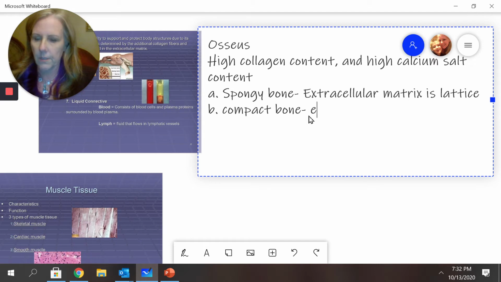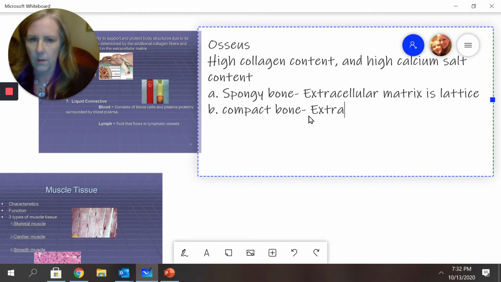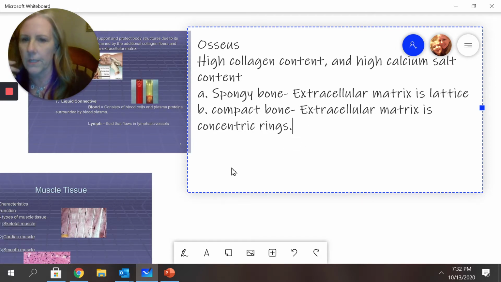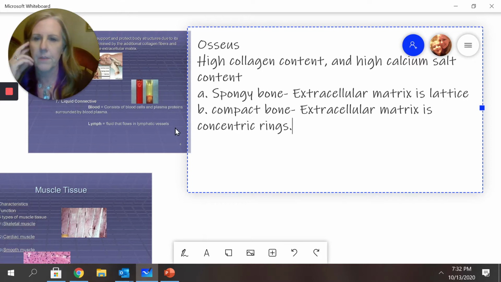The extracellular matrix of compact bone is made up of concentric rings.